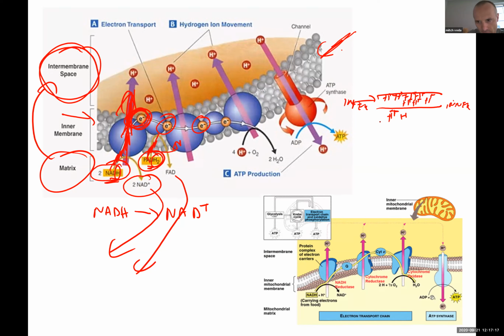Now, hydrogen ions are moved from low to high concentration, and to move from low to high requires energy. That's why the electrons release their energy and help push these hydrogens across, so they go from low concentration to high concentration.